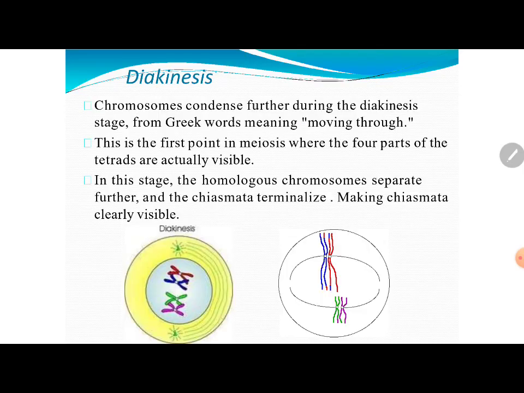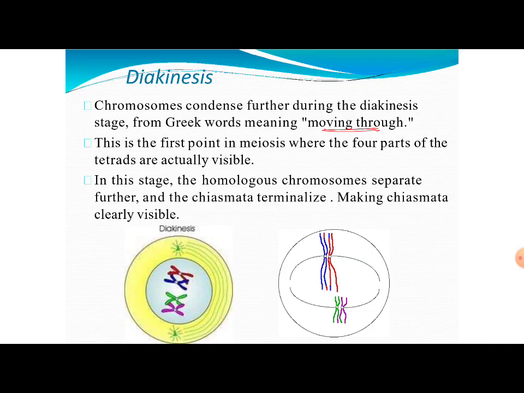Chromosomes condense further during the diakinesis stage, from Greek words meaning moving through. This is the first point in meiosis where the four parts of the tetrad are actually visible. Because in prophase, you remember girls, the function of prophase is that the thin thread-like structures become conspicuously seen as chromosomes in a fully condensed form.